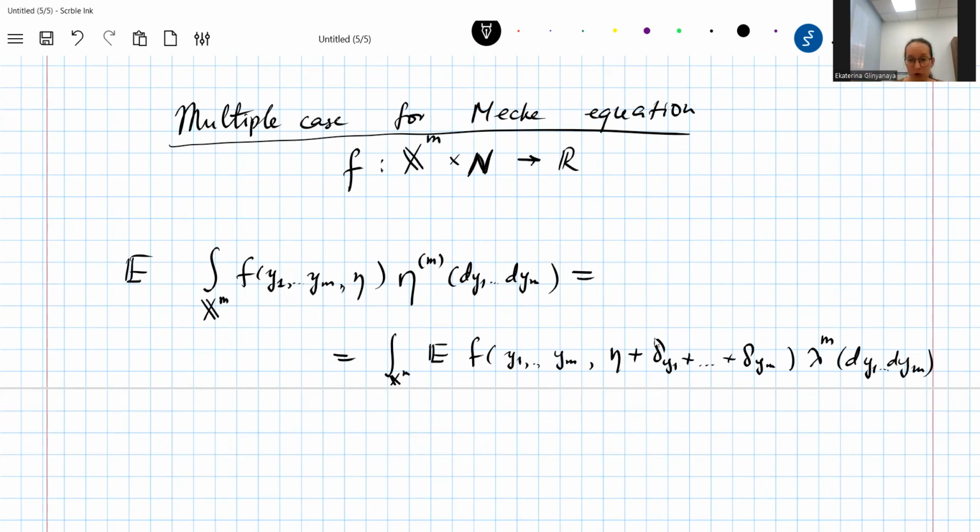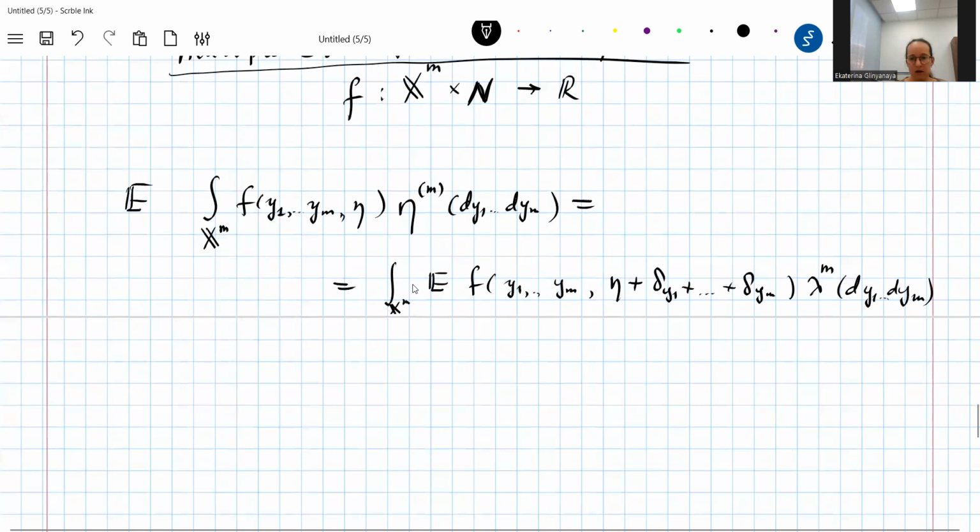So we need to understand how we can write such a form of functionals of point processes. So let's see how to prove this, and I believe next time it will be good to consider some examples of how we can use this formula. But now let us try to prove this.